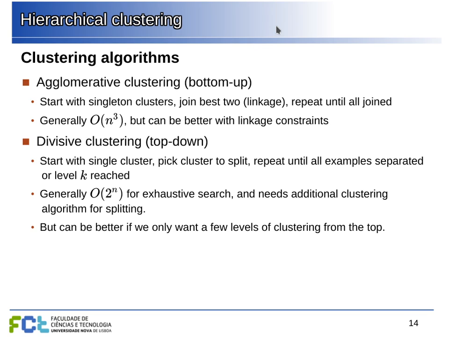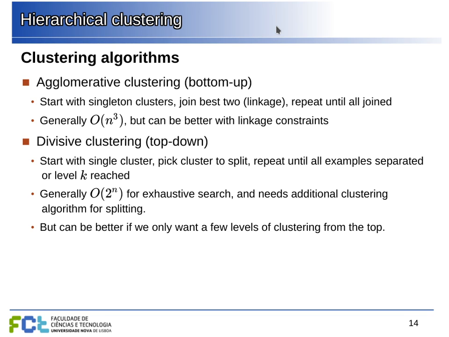Divisive clustering works top down. You start with all examples in a single cluster and then split that cluster, and then pick another cluster to split again, and repeat until all examples are separated or until you reach the number of clusters that you want. So you can stop at any time and you have the complete tree up to that level.